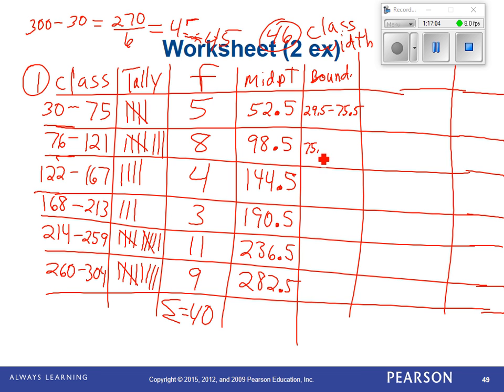Next would be 75.5, and it goes up to 121.5. Next would be 121.5, and it goes up to 167.5. Can you guys fill in the rest without me filling them in? I didn't make my box big enough.